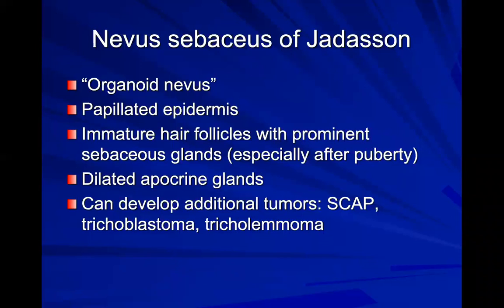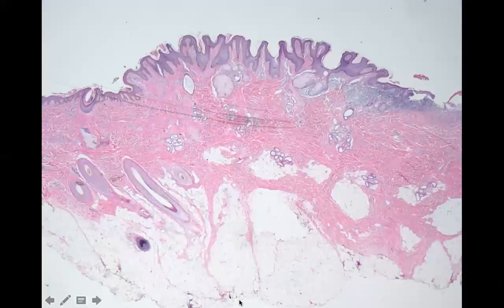And then your apocrine glands will be very dilated. Within this, you can develop additional little tumors, syringocystadenoma papilliferum, trichoblastomas, trichilemmomas. In the past, it was reported that you could have basal cell carcinomas, which I have seen before, but they're rare. They're usually actually trichoblastomas that may have been misdiagnosed in the past.